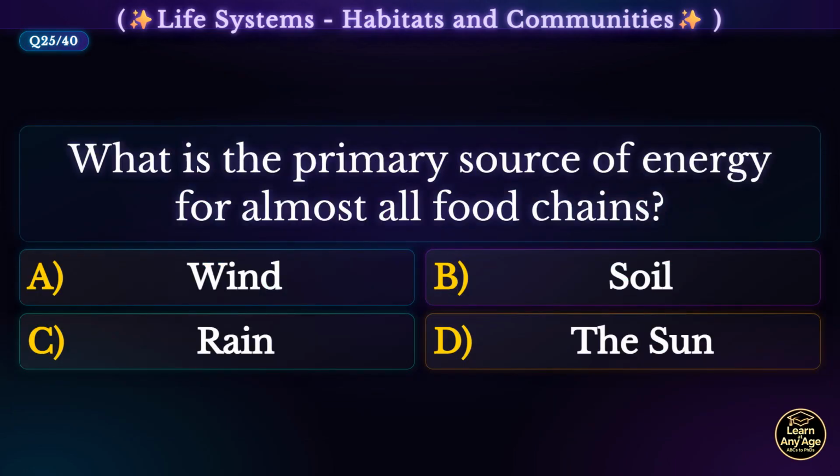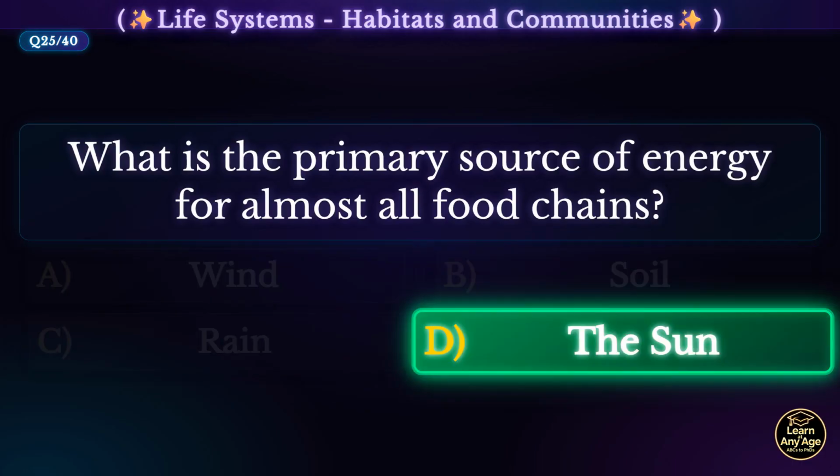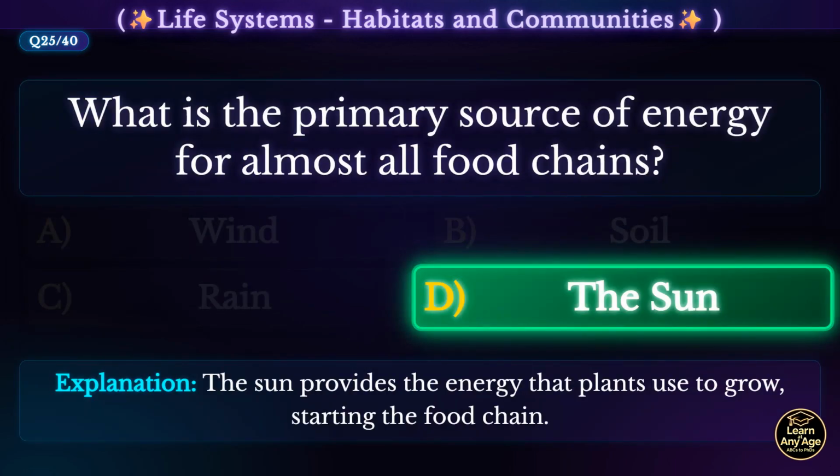What is the primary source of energy for almost all food chains? Wind, soil, rain, the sun. The sun. The sun provides the energy that plants use to grow, starting the food chain.